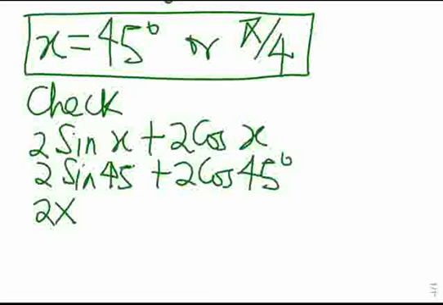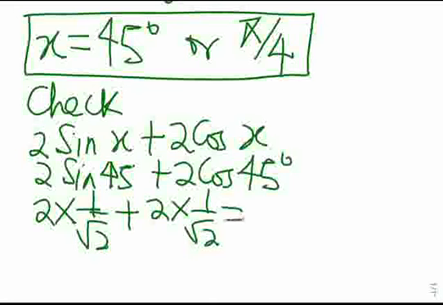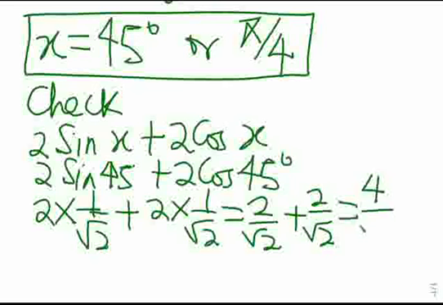The value for sin 45 is 1 over root 2. The value for cos 45 is also 1 over root 2. 2 times 1 over root 2 is 2 over root 2. Similarly here, it is also 2 over root 2. When you add this up, you have 4 over root 2.